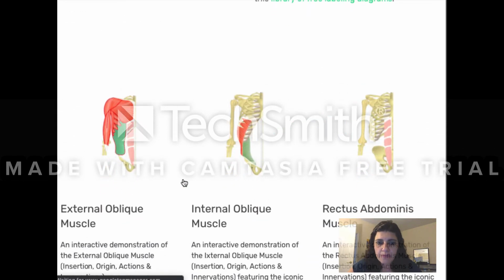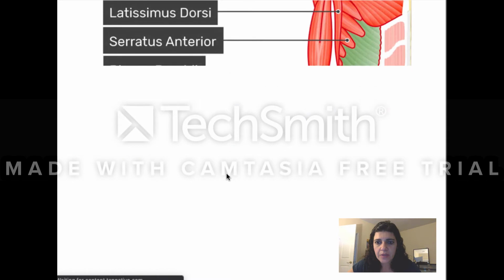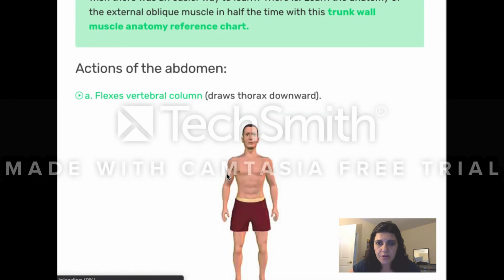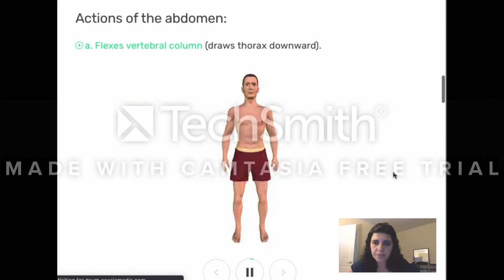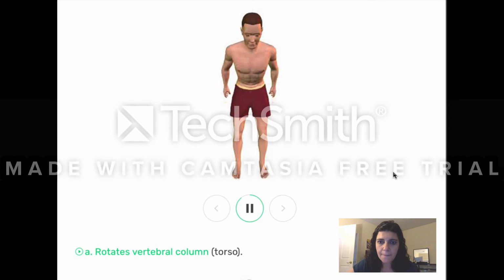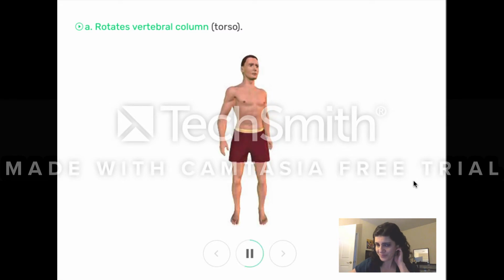So if you look at, for example, external and internal oblique, you can see the movements allowed here. Flex vertebral column. So your flexing is like moving forward, right? Rotate vertebral column. See what's rotation?